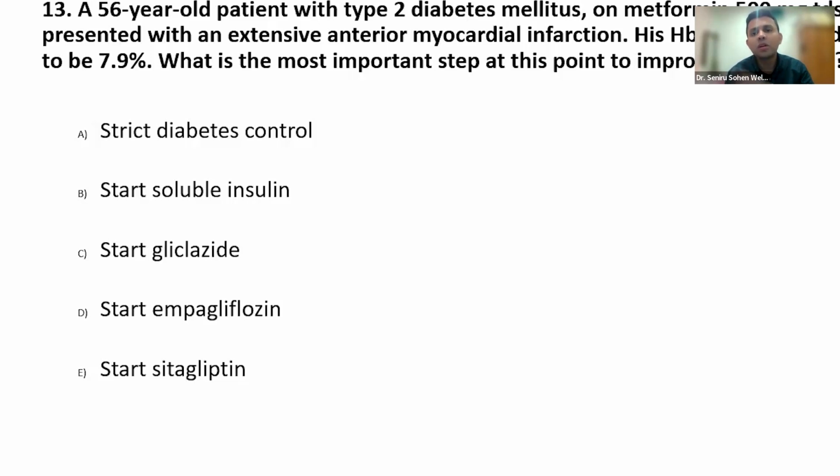So you have to note the wording at this point. We are talking about a patient who is having a very bad myocardial infarction and is on metformin. In patients with very severe illness, such as organ failure or cardiac, renal or liver impairment, we tend to take them off metformin because glycemic control can be aberrant, patients may not be on a good diet, and metformin can cause anorexia.